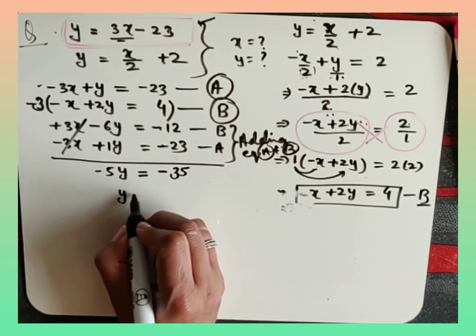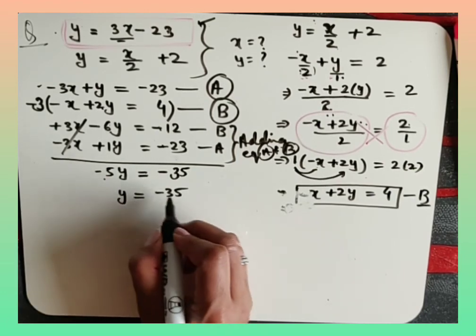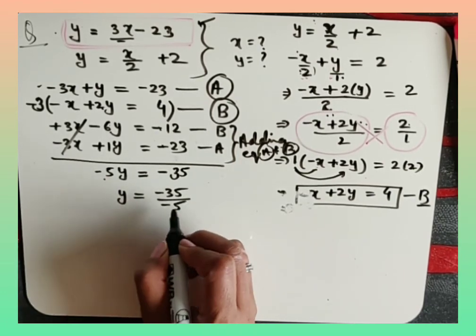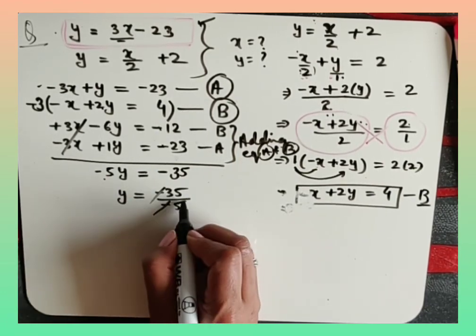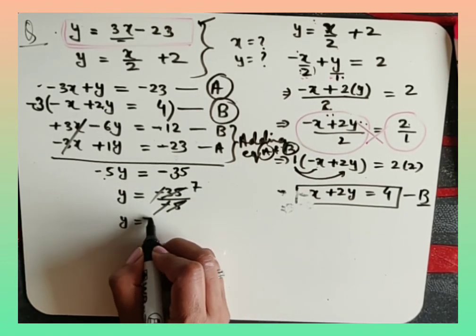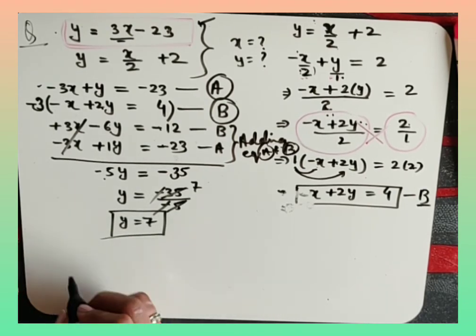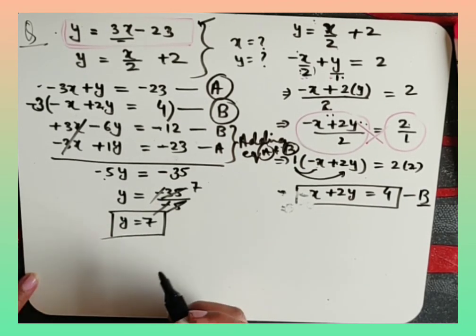Now we need to find out y. y equal to minus 35 over minus 5. Then minus will cancel, and 5 multiplied by 7 is 35. y equal to 7 is the answer. Now we need to find out the value of x. Take any equation.